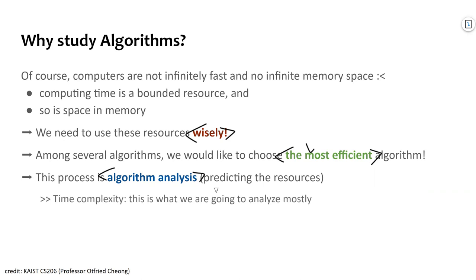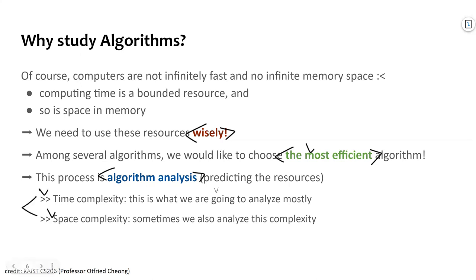So there are two types of complexities we are going to analyze. The first one is time complexity. And the second one is space complexity. However, among these two things, we mostly concentrate on time complexity. So we focus on time complexity more than space complexity.